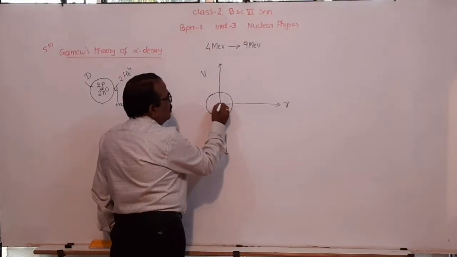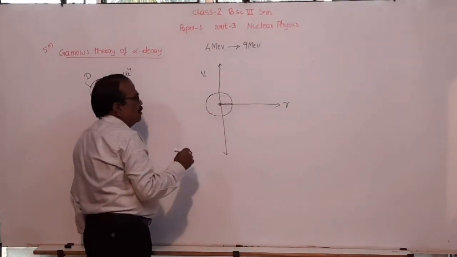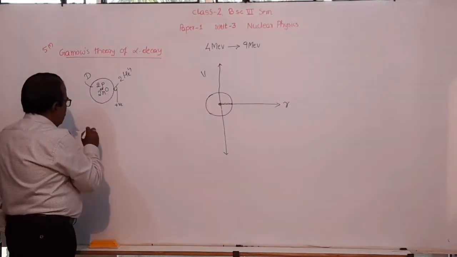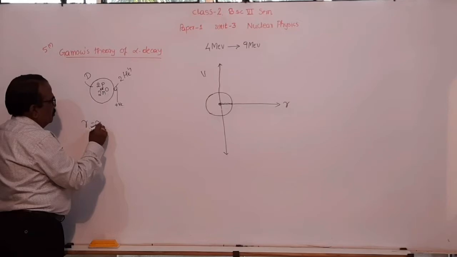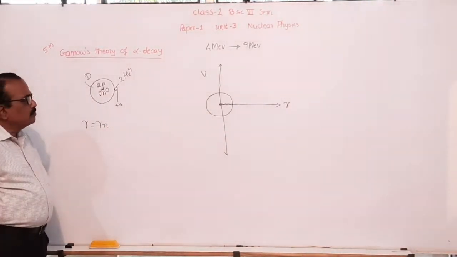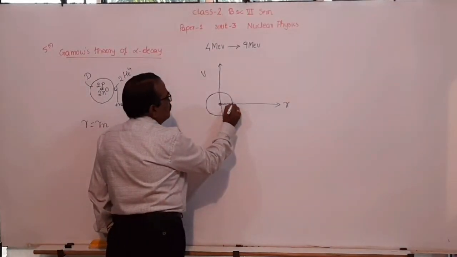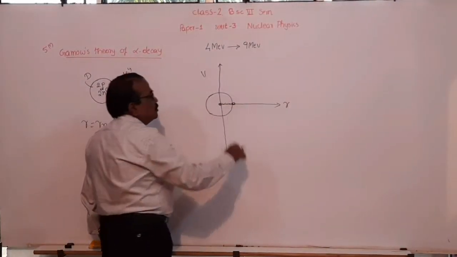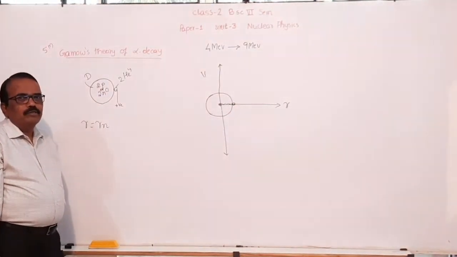When the alpha particle just comes out at the boundary, where Rn is the radius of the nucleus, then at this point, the force of repulsion starts. It has positive potential.